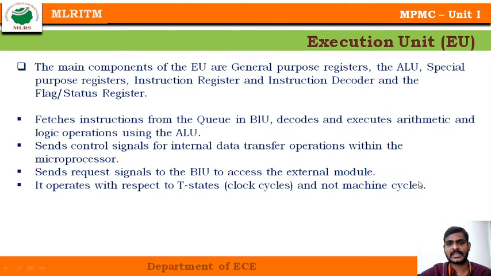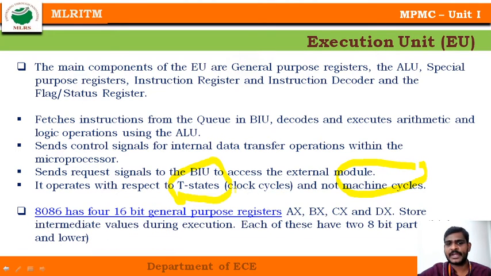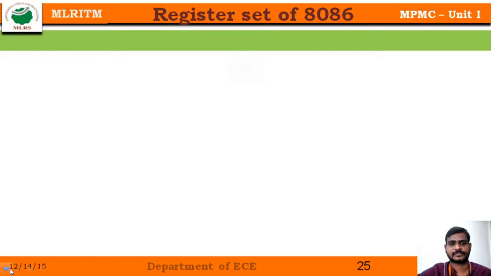As I said, the bus interface unit functions based only on machine cycles, whereas the execution unit works based only on T states. So the 8086 has these 4 general purpose registers.